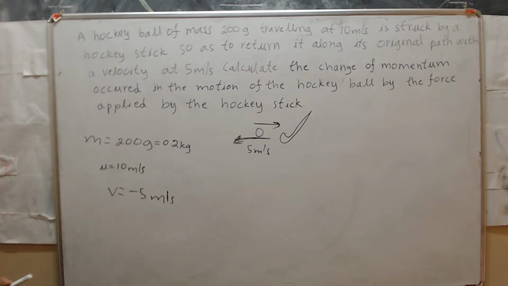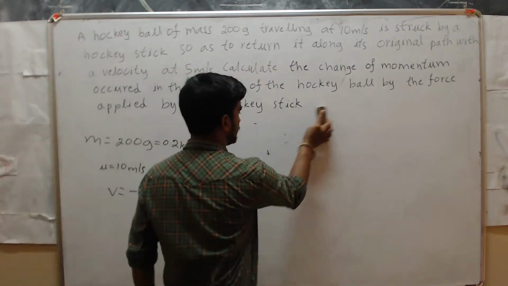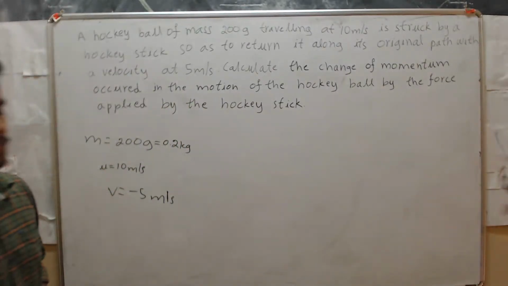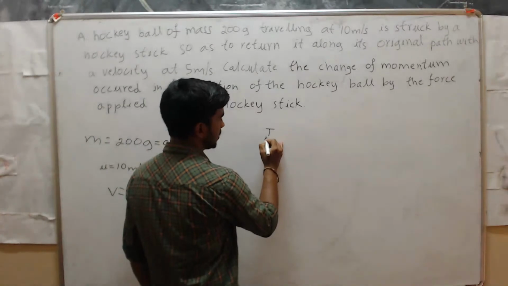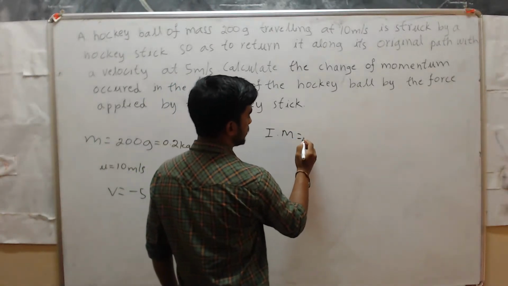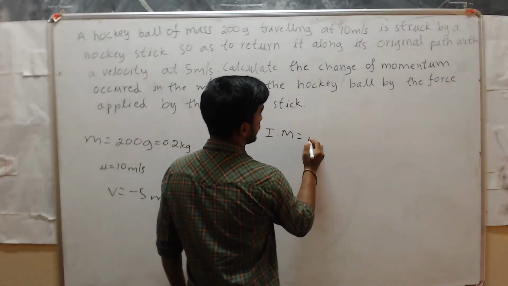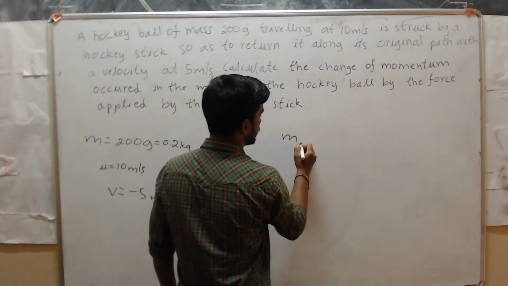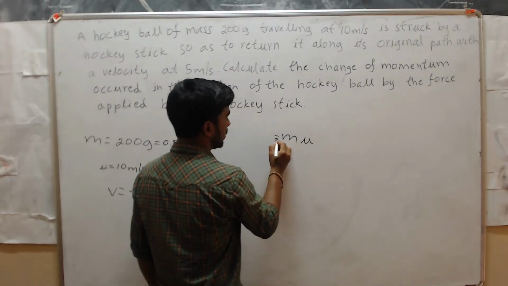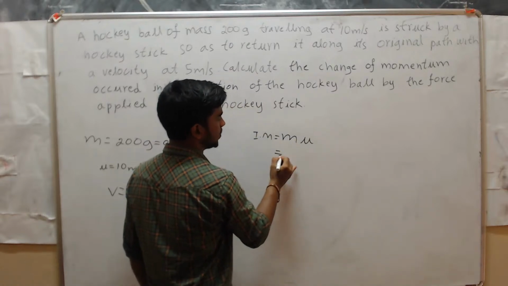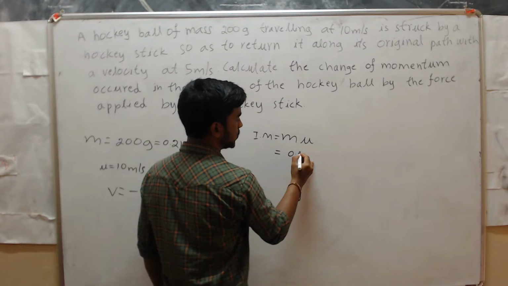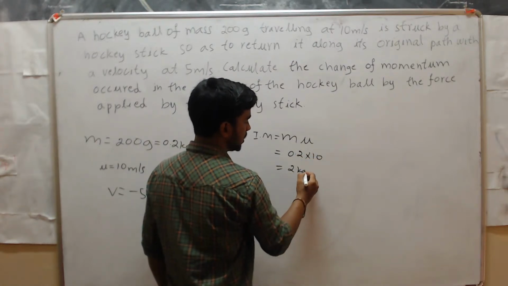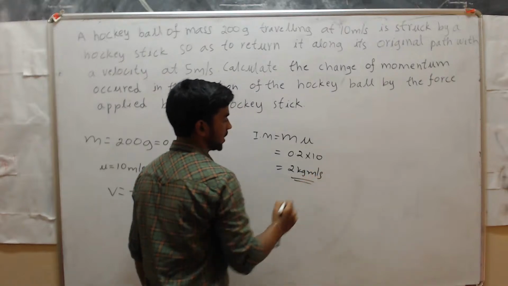So first calculate the initial momentum. Initial momentum is m into u. So m is 0.2 into 10. So we will get 2 kg meter per second.